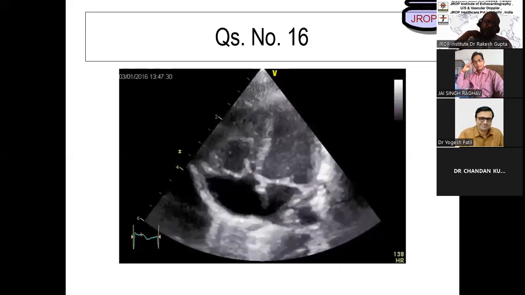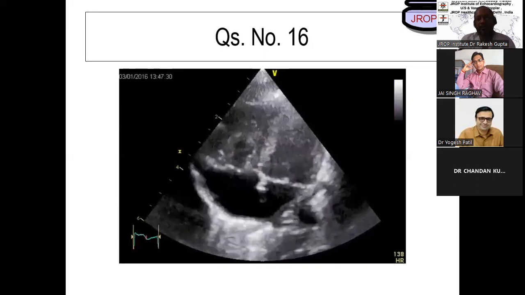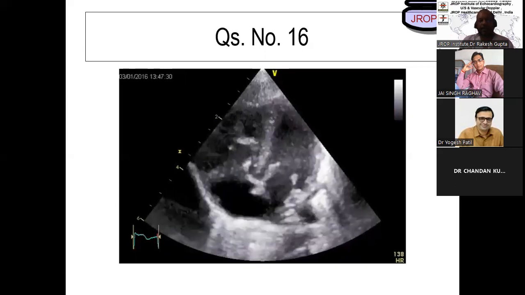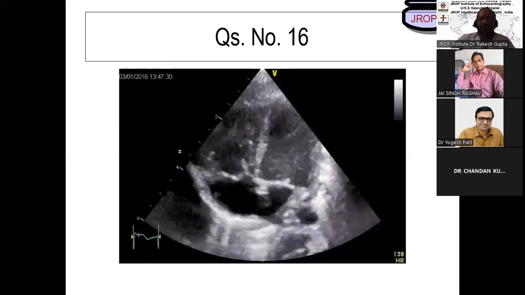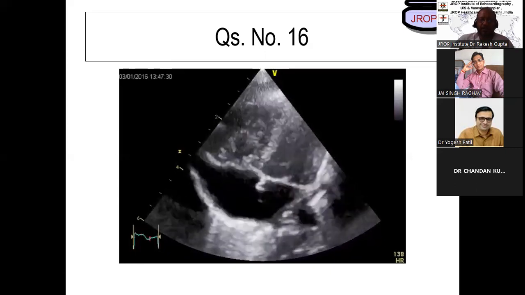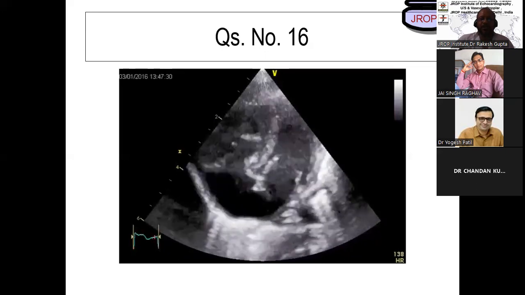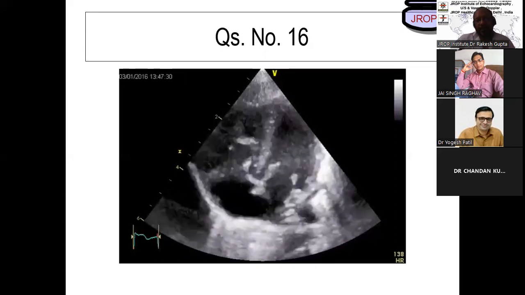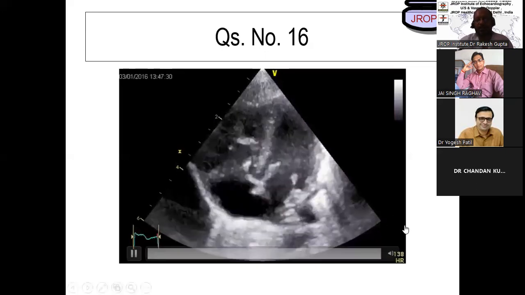And this finally came out to be a storage disease in a newborn. We don't expect rheumatic fever in a rheumatic mitral valve, rheumatic tricuspid valve. Then we do not have rheumatism of accessory bundles. So this is the image which we picked up in the newborn. Look at the heart rate, almost 130-138.